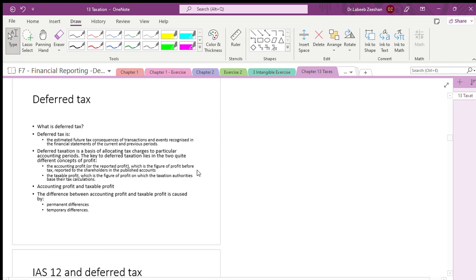Now, we must see which accounting year it is pertaining to. We have to identify it exclusively for that accounting year as such.